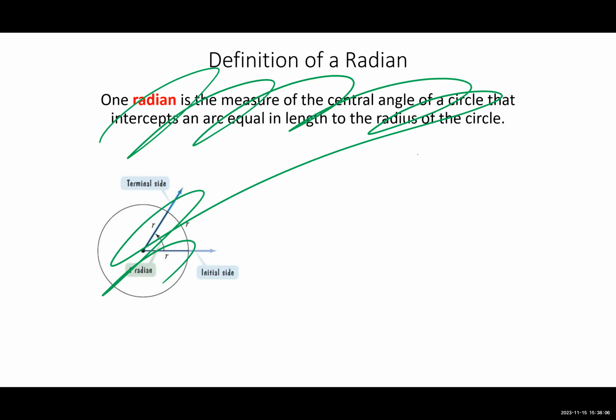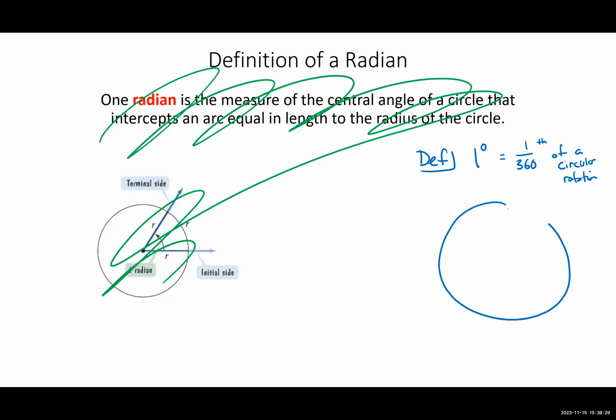The definition, again, I said this already, the definition of 1 degree is 1/360th of a circular rotation.